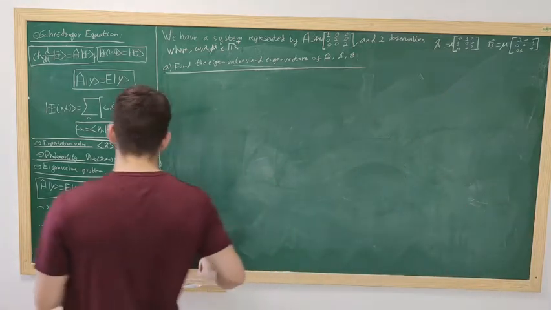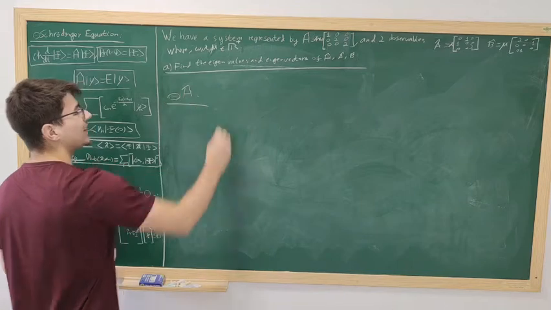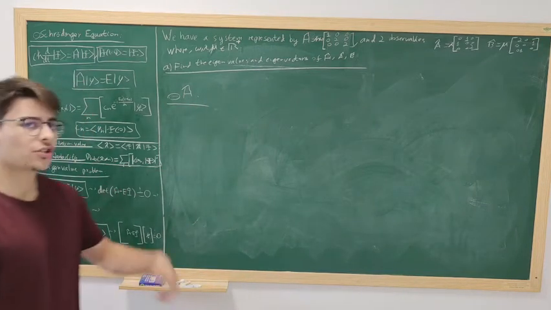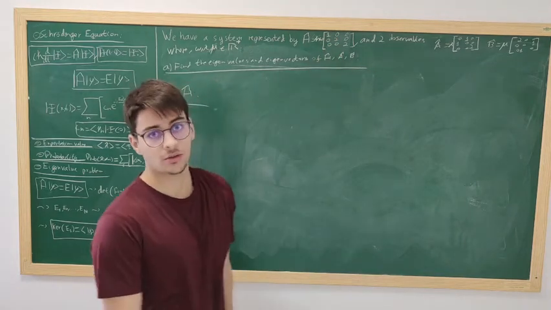So let's just do this real quick. Let's start with H. I want you to notice that H is already diagonalized, so our eigenvalues are going to be ħω, 2ħω, and 2ħω.